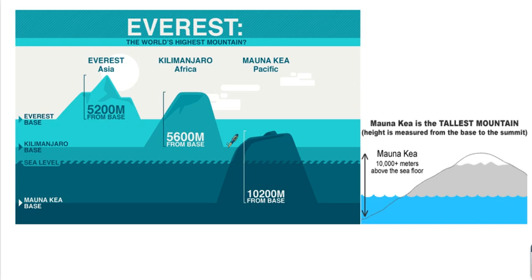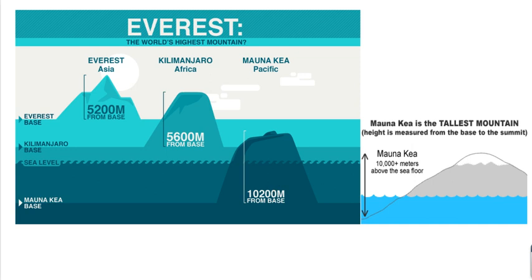Now, if you look at Mauna Kea, the base is underwater. You see the sea level here? The base is underwater, and so to the top is 10,200 meters. So if you actually count from the base to the top, Mauna Kea is the tallest in the world, and it's in Hawaii.